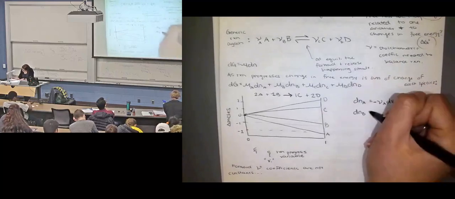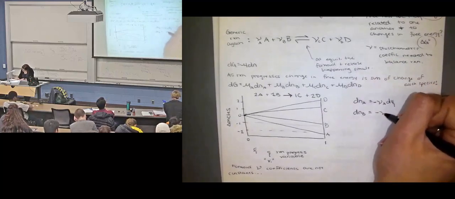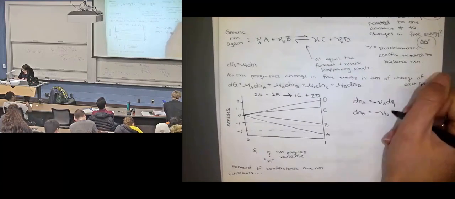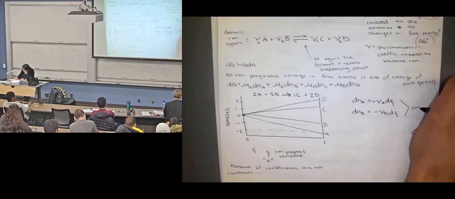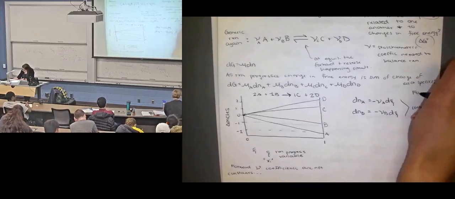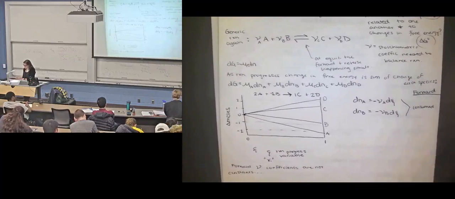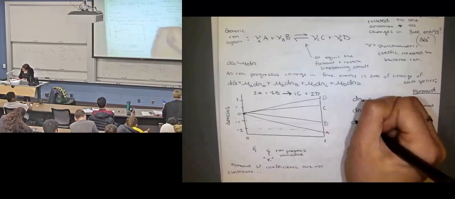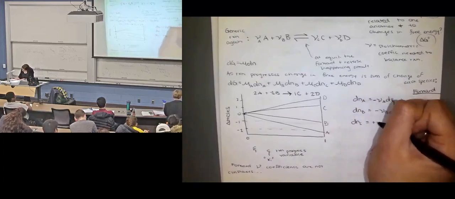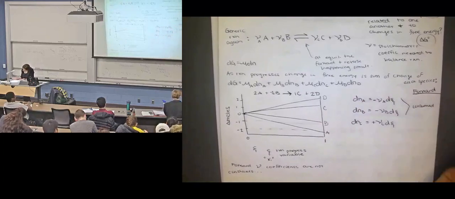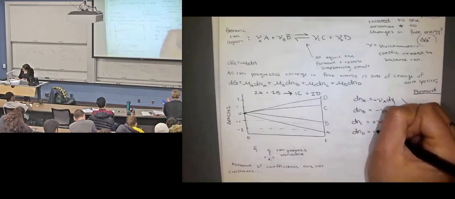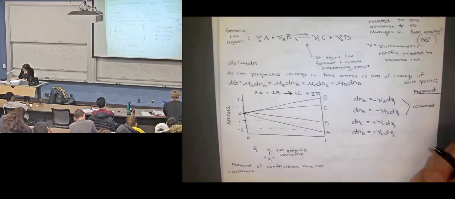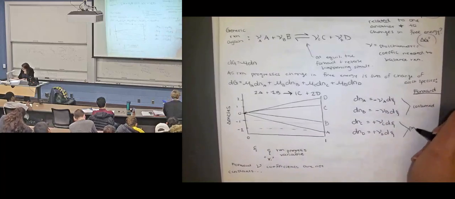The number of moles of B is also being consumed: we have some initial amount of B times progress of the reaction, again for the forward direction. We could write it all for the other direction, have it all be backwards and flip all the signs. For C, we're making C, and same with D, we're producing these, so these have a positive value.